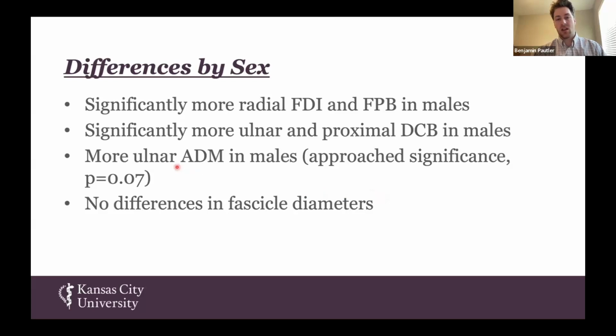Additionally, in males, the abductor digiti minimi was more ulnar. This approached but did not reach significance with a p-value of 0.07. So it seemed to be that in males, in general, all of those branches were just a little bit more stretched out, kind of dispersed throughout the hand. There were no differences by sex in fascicular diameters.